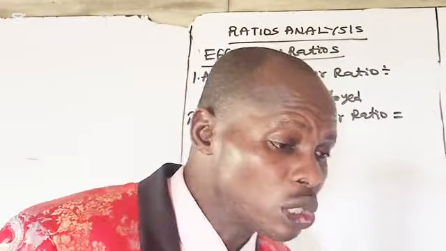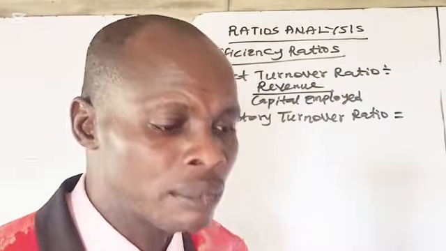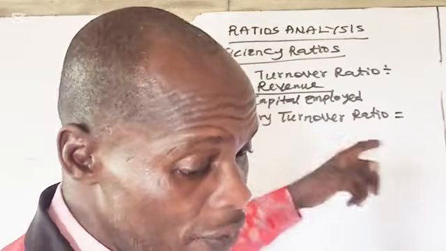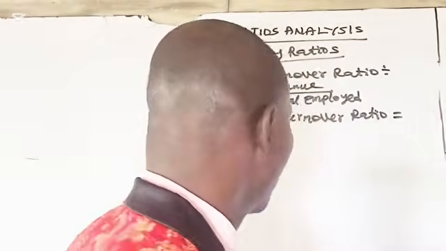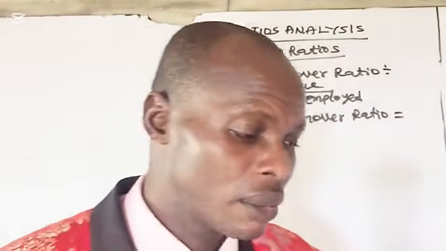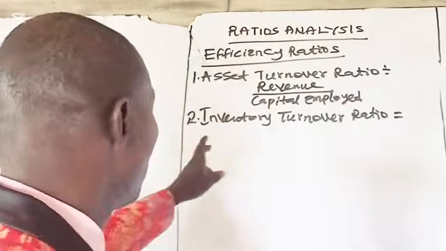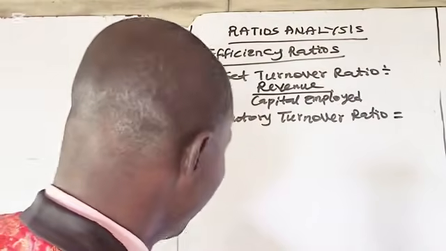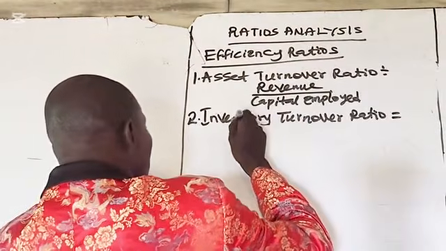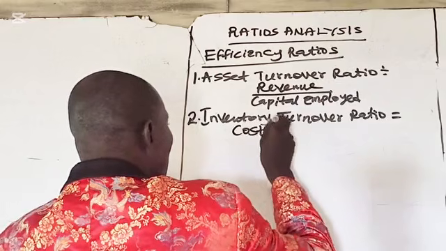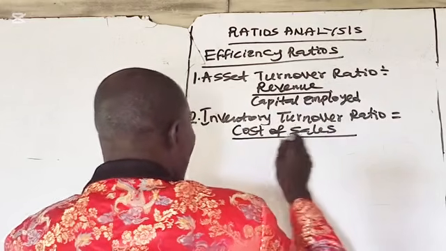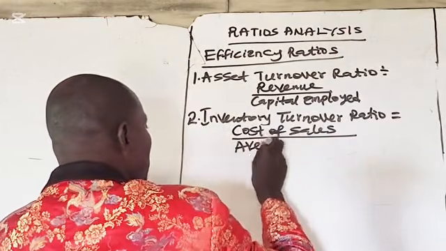So inventory turnover ratio indicates whether the company is managing its inventory efficiently. For this ratio, the higher, the better. So inventory turnover ratio is cost of sales over average inventory.